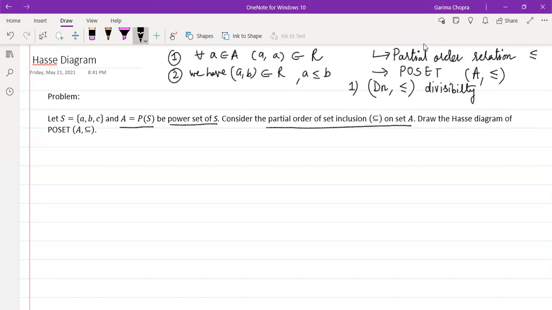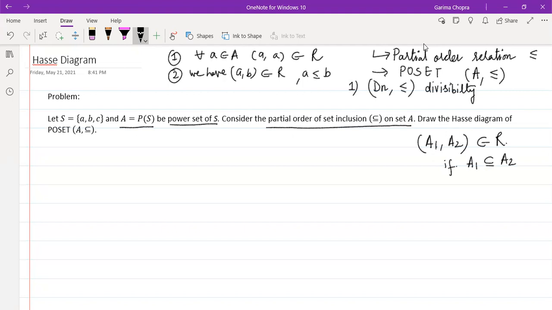Here we are defining a relation on this power set of S, on the set A. What is this relation? Some element A1 is related to some element A2, which means this ordered pair will belong to the relation set if A1 is a subset of A2.